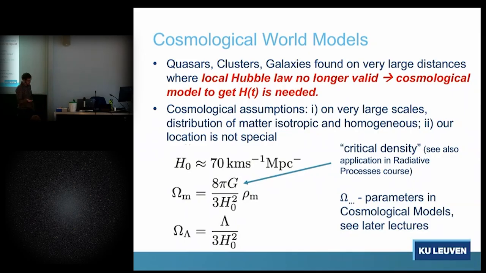So in such cosmological models, which again we will come to later, typically some parameters enter. These are the omega parameters here, where there is one parameter specifying the matter content of the universe, because the more matter we have, the more gravitational attraction we have.